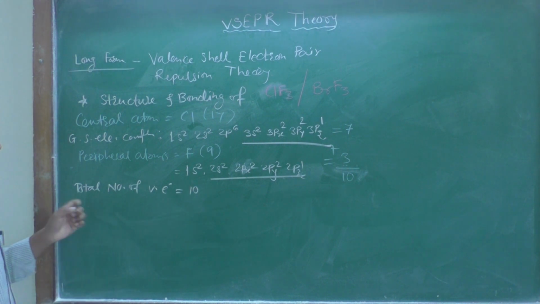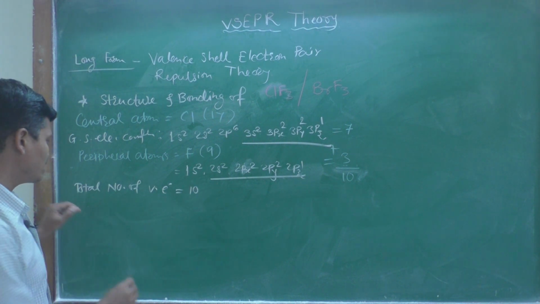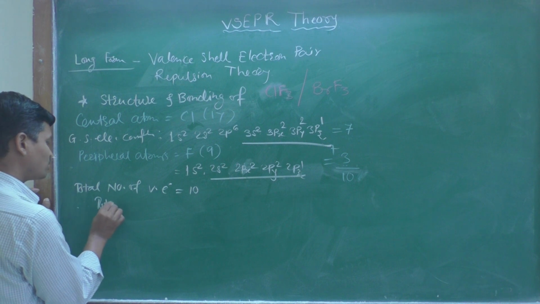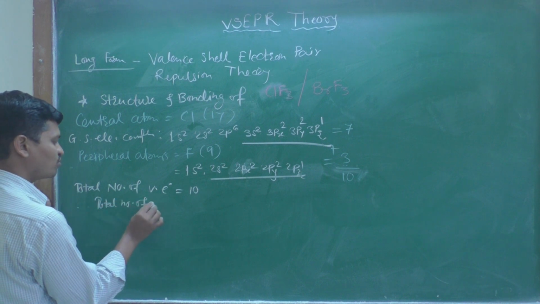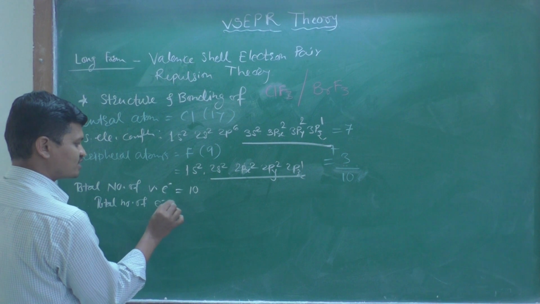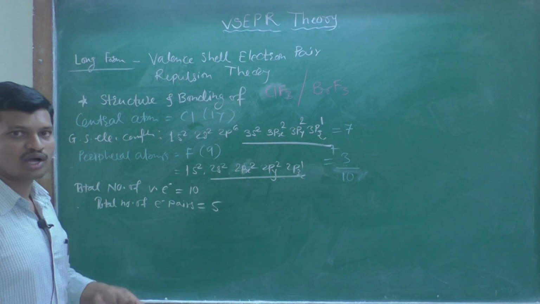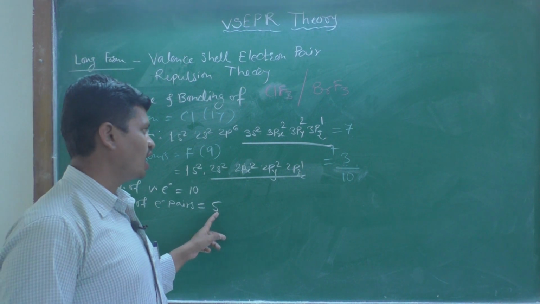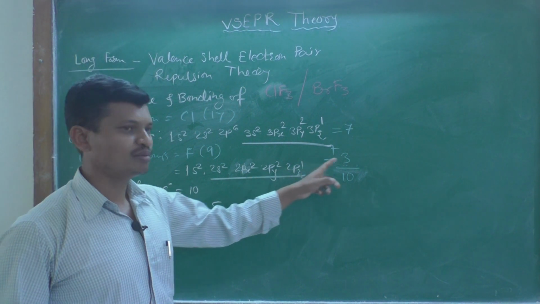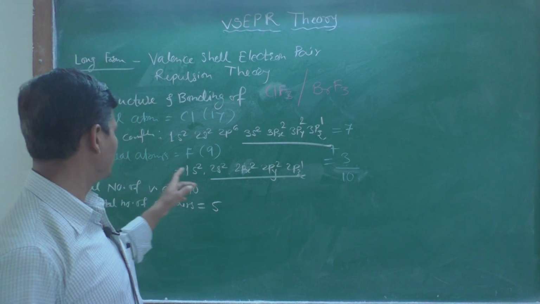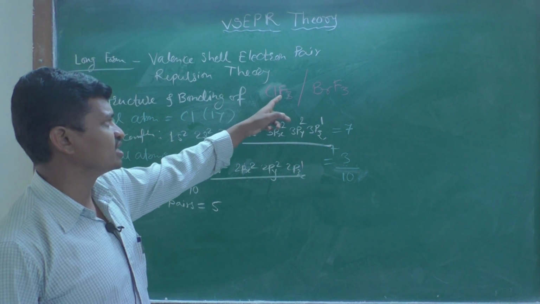So therefore we know how many pairs will be formed. The total number of electron pairs around the central atom will be 5. Out of these 5, 3 are bond pairs with the 3 fluorine atoms.